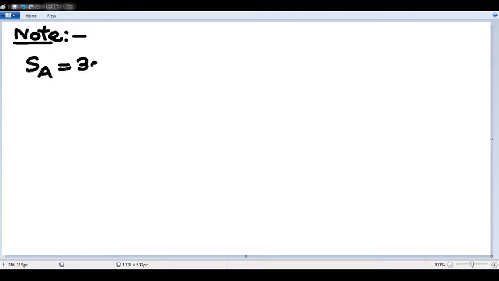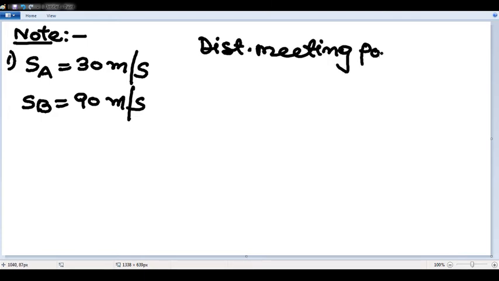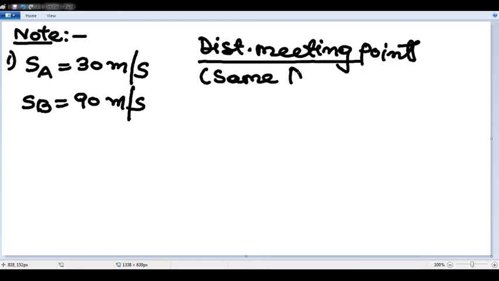SA is 30 meters per second. SB is 90 meters per second. First question: how many distinct meeting points will there be on the track if they are traveling in the same direction?